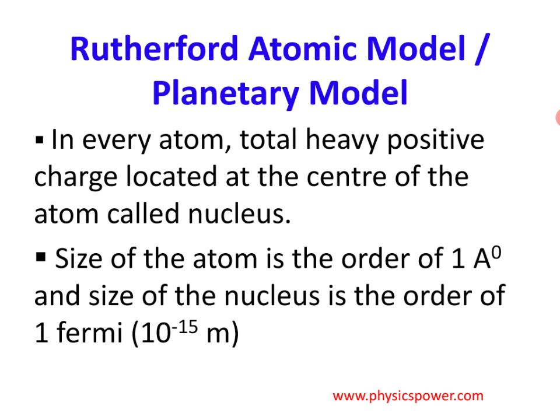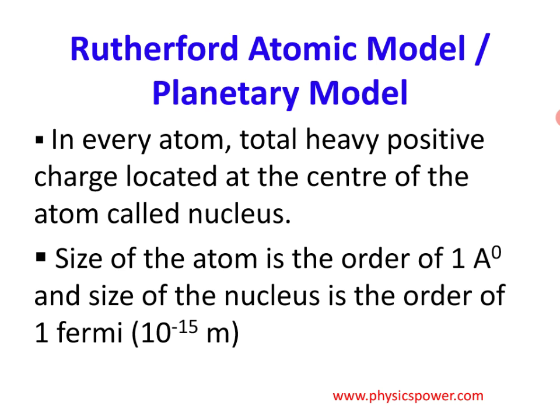Why? Because according to his alpha scattering experiment, most of the particles crossed the gold foil without deviation and very few were deviated. Very few deviated means the positive charge is located in a very thin space, occupying very little space. With that he analyzed that the size of the nucleus is of the order of 1 Fermi, that is 10 to the power of minus 15 meter, but the atom size is 1 angstrom unit.